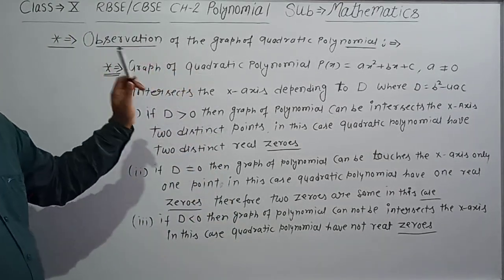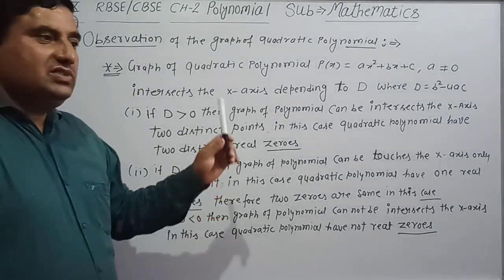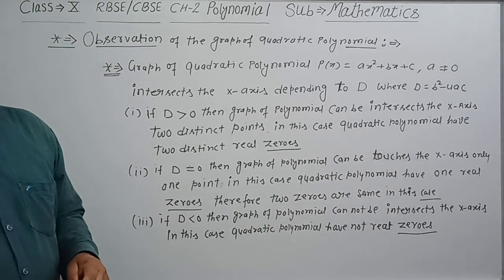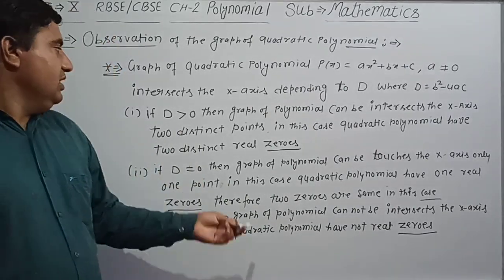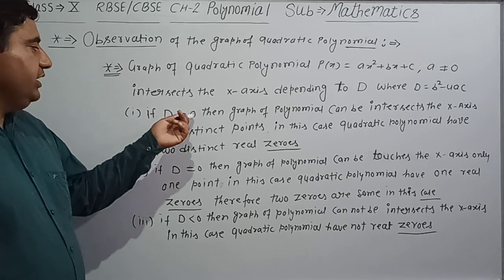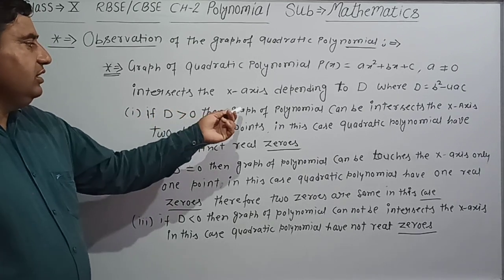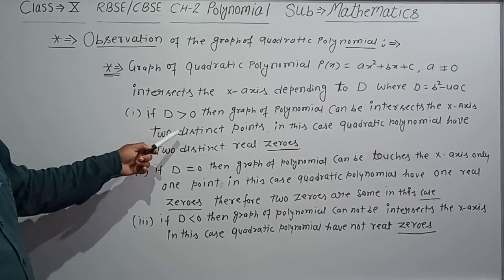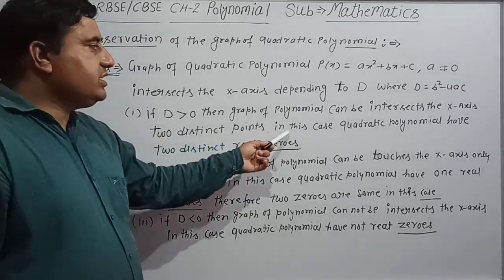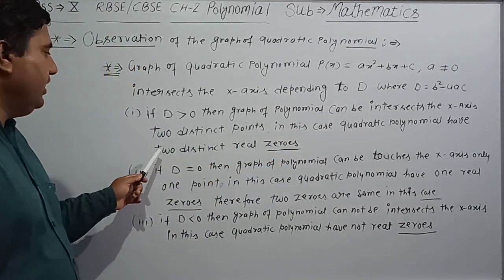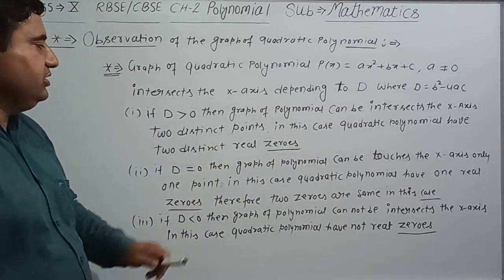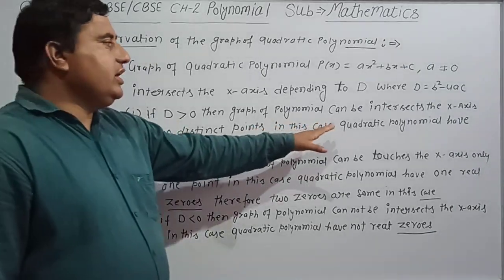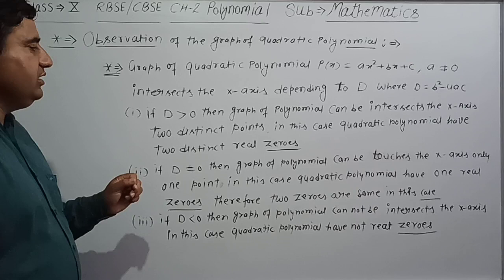Graph intersects the x-axis, touches the x-axis, or does not intersect the x-axis, depending on D. If D greater than 0, then the graph of the polynomial can intersect the x-axis at two distinct points. In this case the quadratic polynomial has two distinct real zeros.